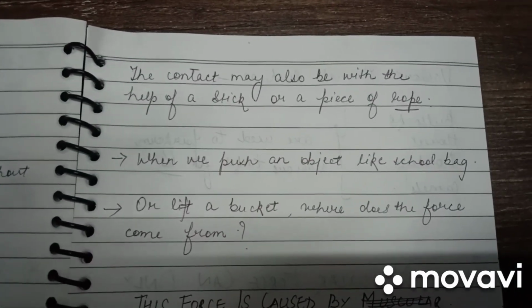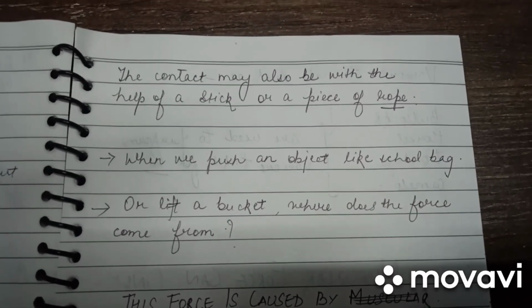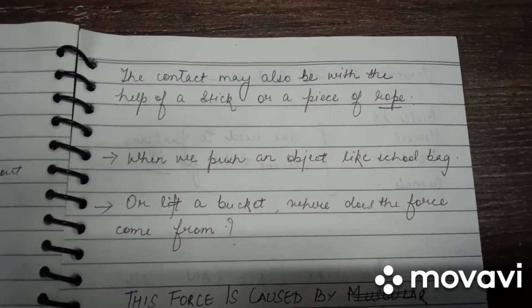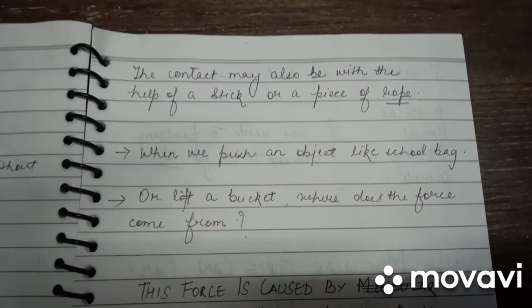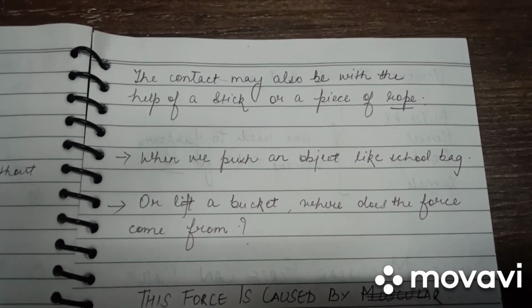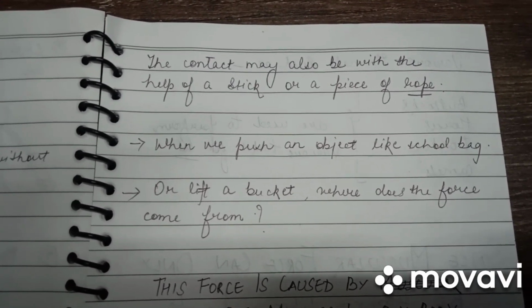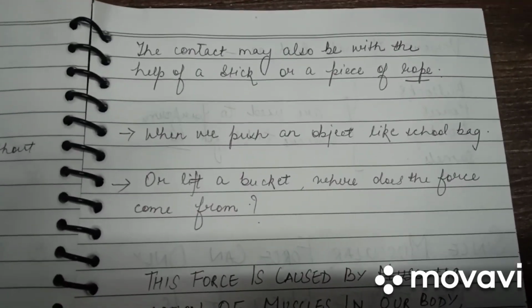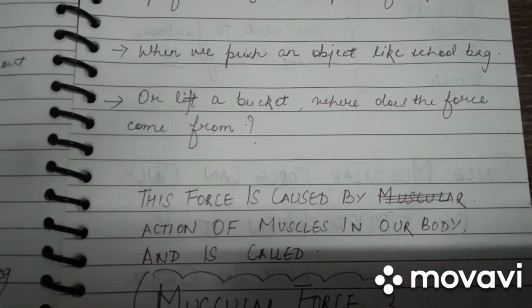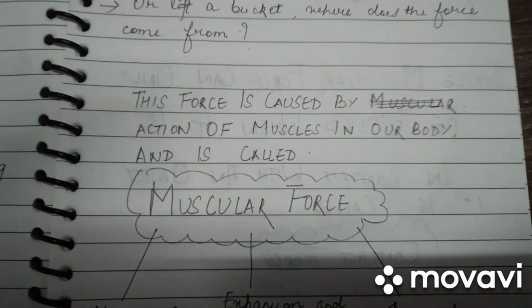When we push an object like a school bag or lift a bucket, where does the force come from? We may often wonder, while we pick up our school bag and move, where is all that force coming from, to lift up a bucket or any object, or to even push a box or do our day-to-day activities? This force is caused by action of muscles in our body and is called muscular force.